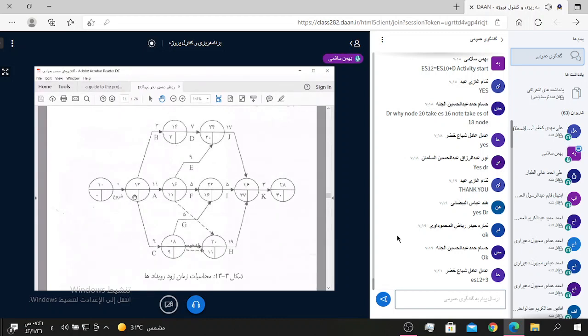ES12 means 0 plus duration of activity B means 3 days equal 3.